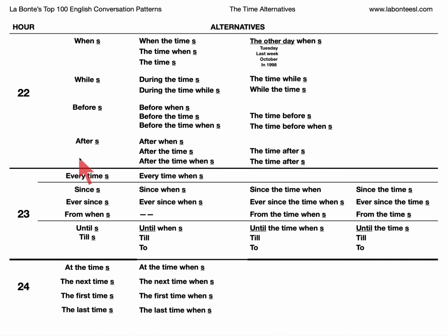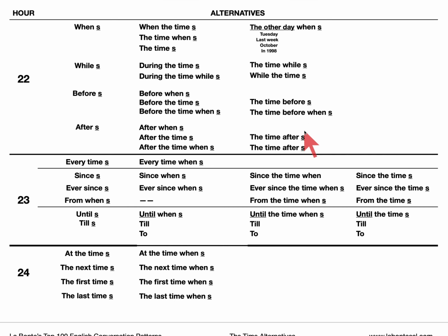But once they begin speaking and they get tired of using before, they can widen their repertoire or their palette of patterns they use to these. And they all sound natural. During the time I was with her, she was extremely happy. The time while he was here, he studied very hard.